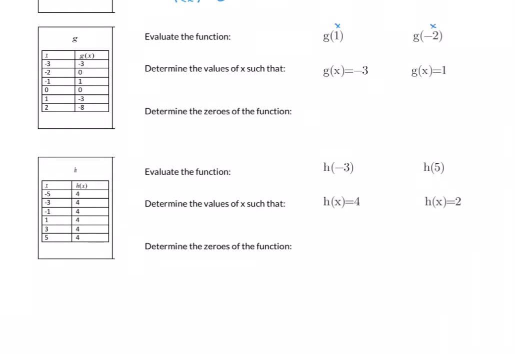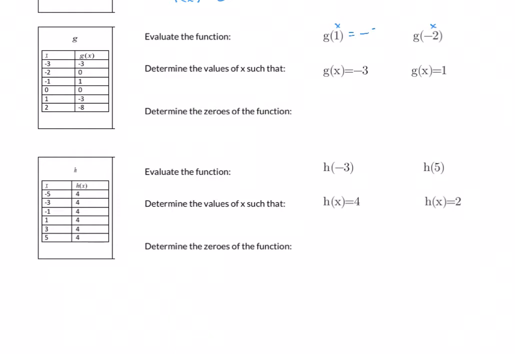So what we want is g of 1. That means I want to know what is g of x when x equals 1. So if we look at our table, we have x equals 1 right here. We come across and we get g of x equals -3.